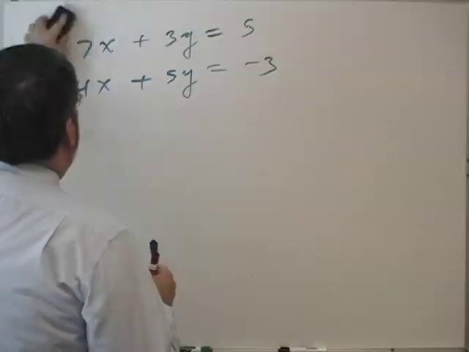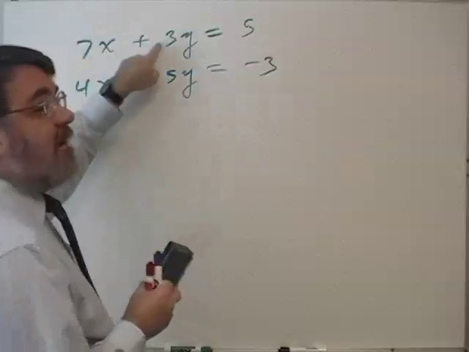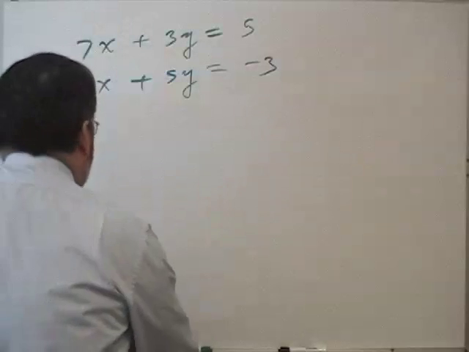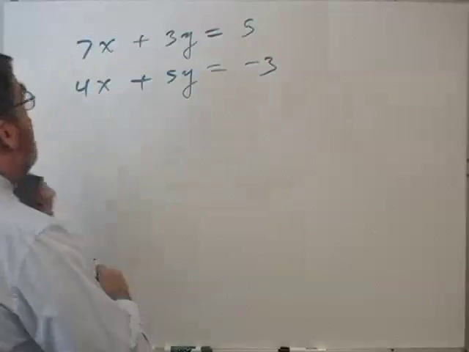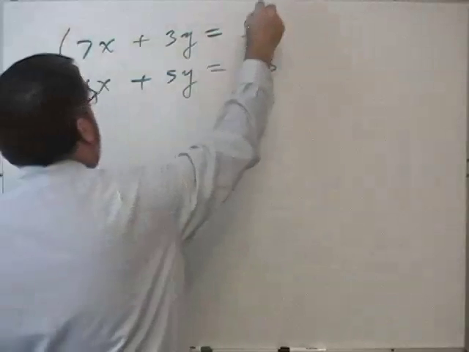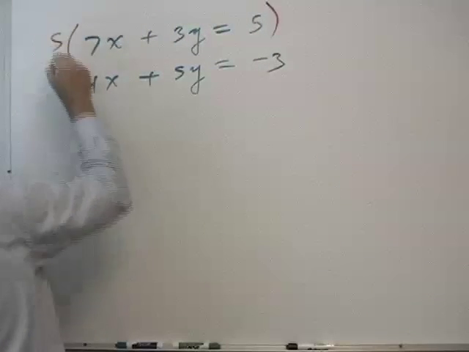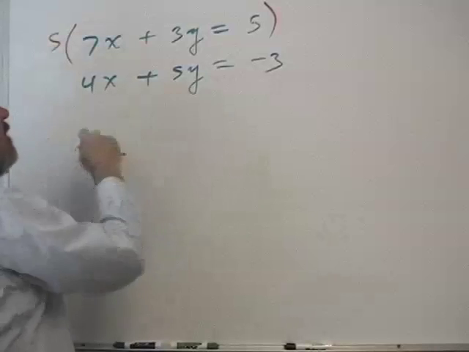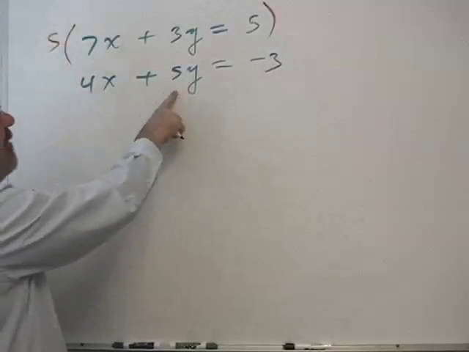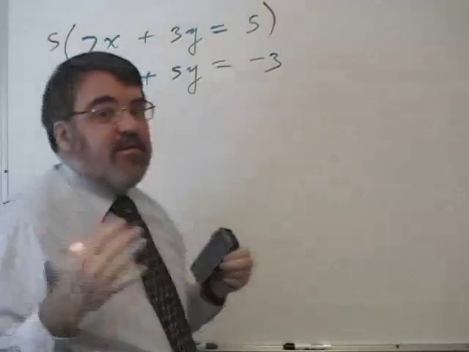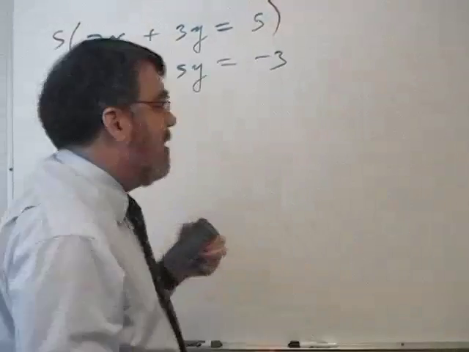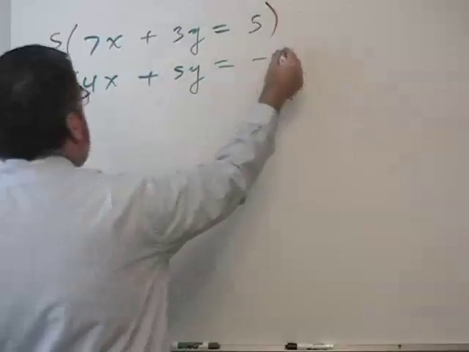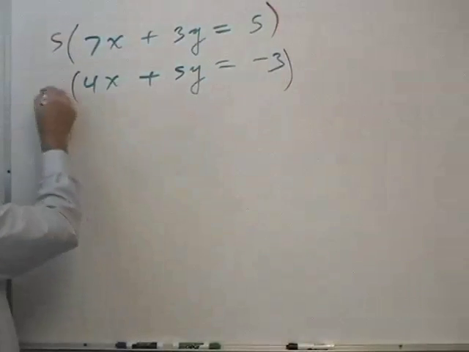I'm going to turn that into a 15, and I'll do that by multiplying the top equation by 5. And the bottom equation I want to turn into negative 15 because I want opposite signs in order to cancel. And so I'm going to multiply this equation by negative 3.